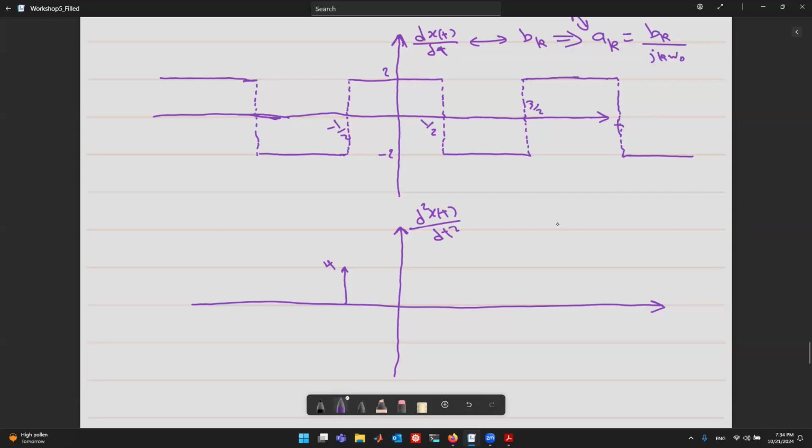At this edge, we fell from 2 to minus 2, so it will be negative, minus 4. This one is at minus 1/2, and this one's at 1/2, and so on. We'll have here again a positive impulse, 4, and then minus 4. The scale is different.